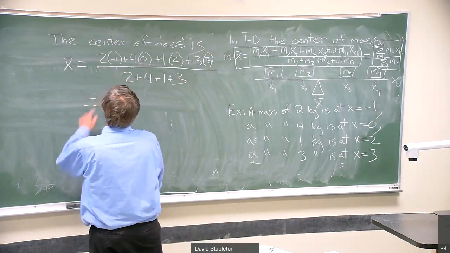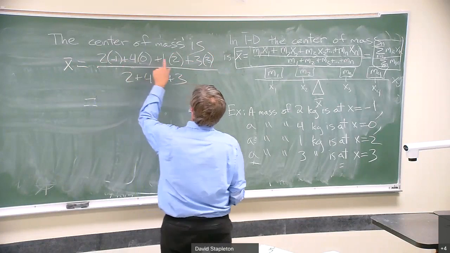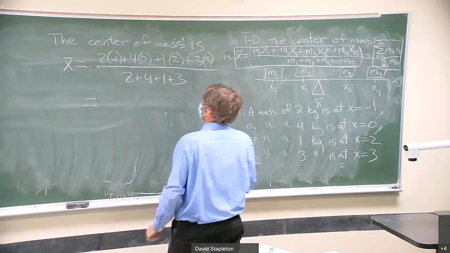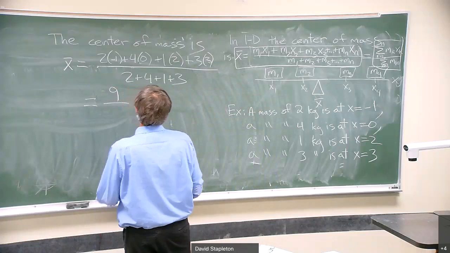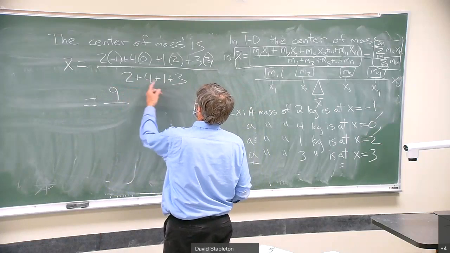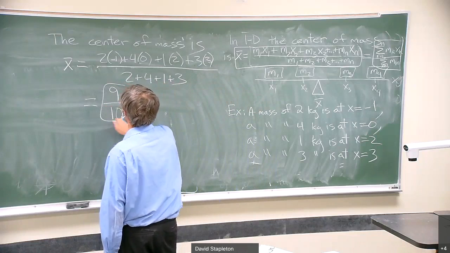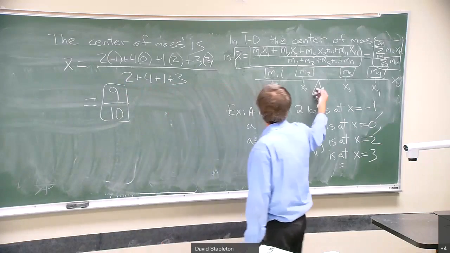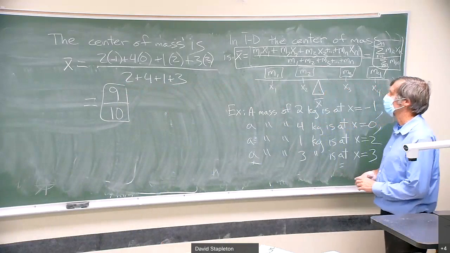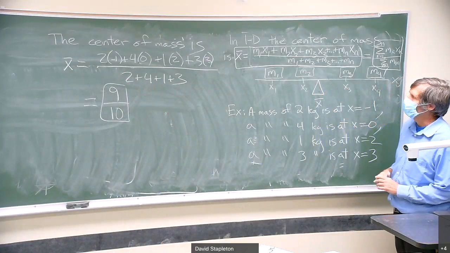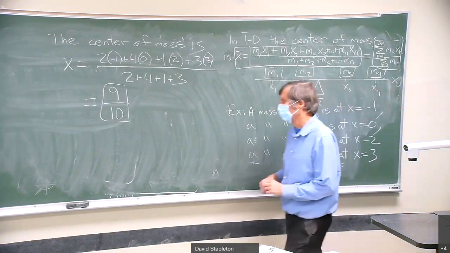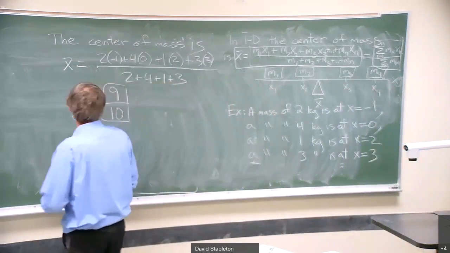And what do I get? Let's see, -2 plus nothing, plus 2 is 0, plus 3 times 3 is 9 on top. And on the bottom, I've got 4, 7, 9, 10, right? So the balancing position is x equals 9/10. Easy enough, right?